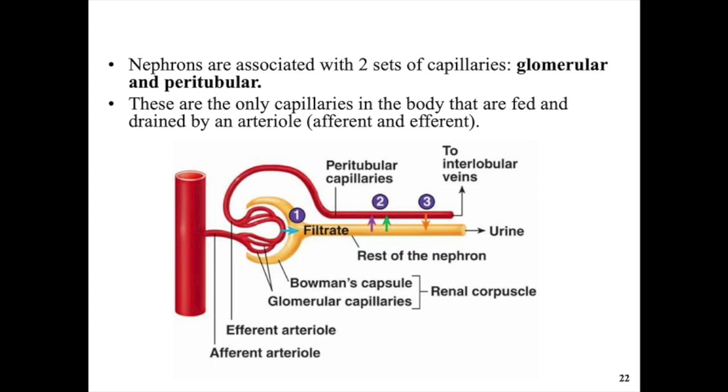So the rest of the exchanges are, basically, in a very simplified way, through the tubule and the peritubular capillaries. And whatever results from this process is going to be the urine.